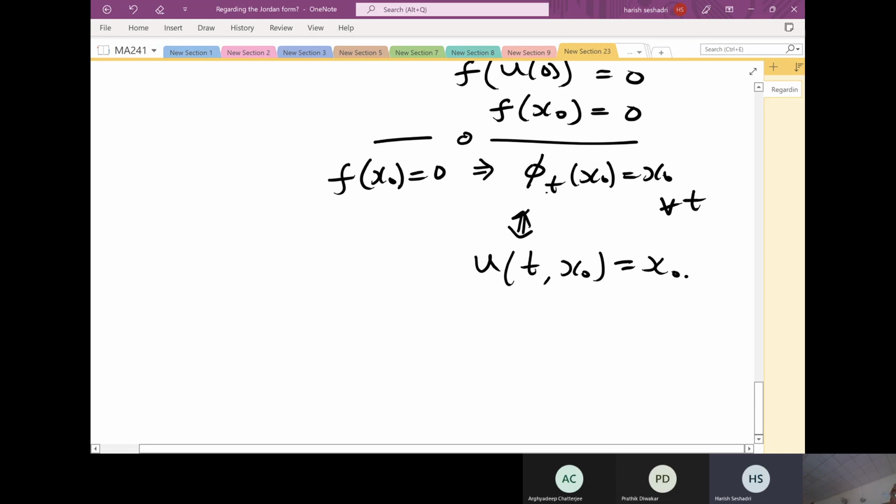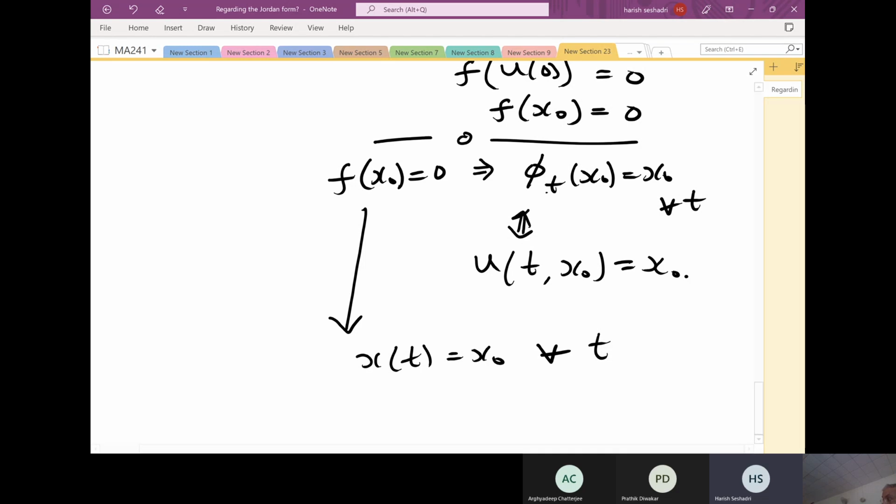The fact that f of x naught is 0 implies that if I define a solution by x of t equal to x naught for all t, this is a solution. And since it starts at x naught, it's the unique solution.